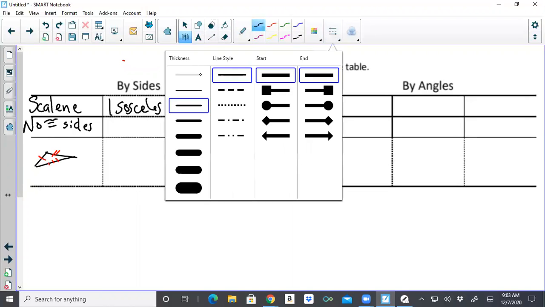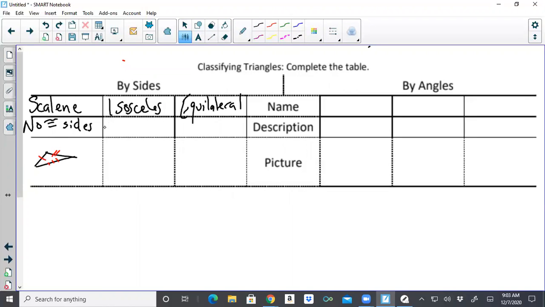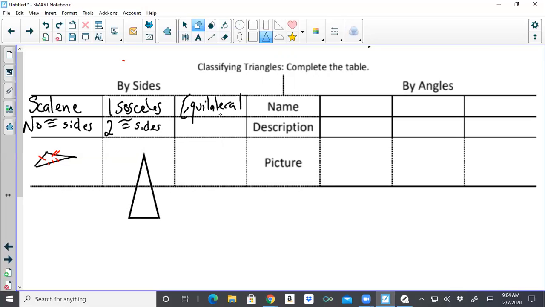An isosceles triangle has 2 equal sides, or 2 congruent sides. And I don't know if I have a picture of that here. I do. So an isosceles triangle could look like this, where it's perfect, right? It's just 2 sides are the same. This side and this side are the same.